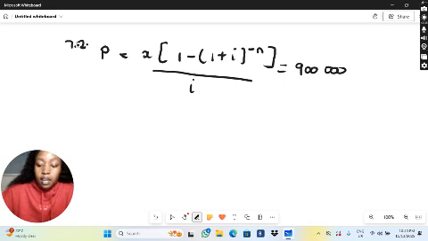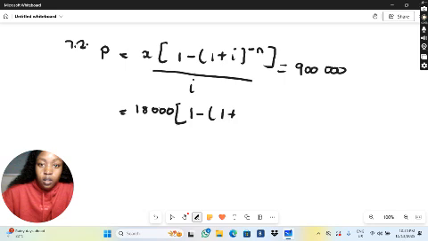Our X is the 18,000 into 1 plus our interest rate, 0.105 all over 12, to the power of negative n, the number of months.